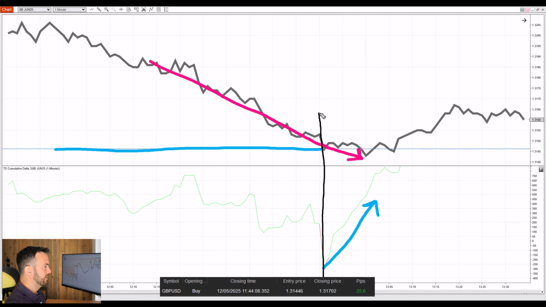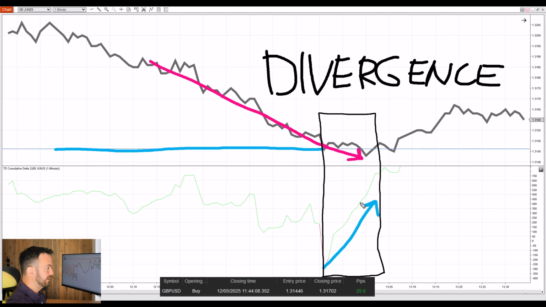If you look just in this period, then this is the divergence between price and cumulative delta. And price likes to follow delta, so if the price hits that support level and delta starts to rise, then it is very likely that the price will follow, like it did in here, right?